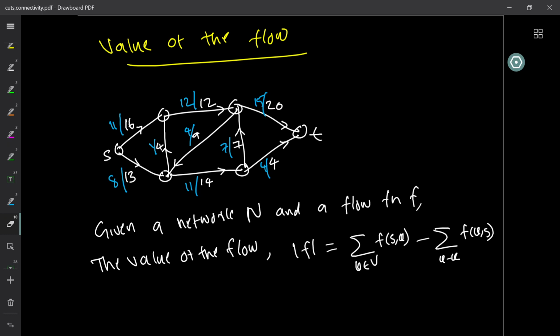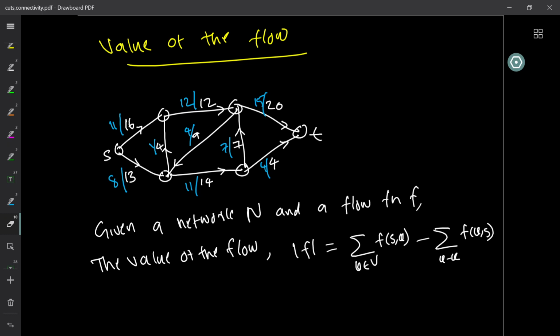So the value of the flow, given a network N and a flow f, is defined as the summation over all the vertices v in V of f(s,v). So (s,v) is the arc, and whenever there is an outgoing arc from S, you look at the flow going out of it, that is f(s,v), and you take all of this.